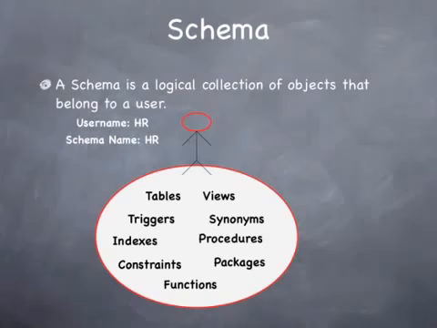Now, if you logically group all the objects that belong to a user, what you get is a schema. A schema does not physically exist, but is simply a grouping of the objects that belong to a user. Every schema has a name, and the name of the schema is the same as the username.